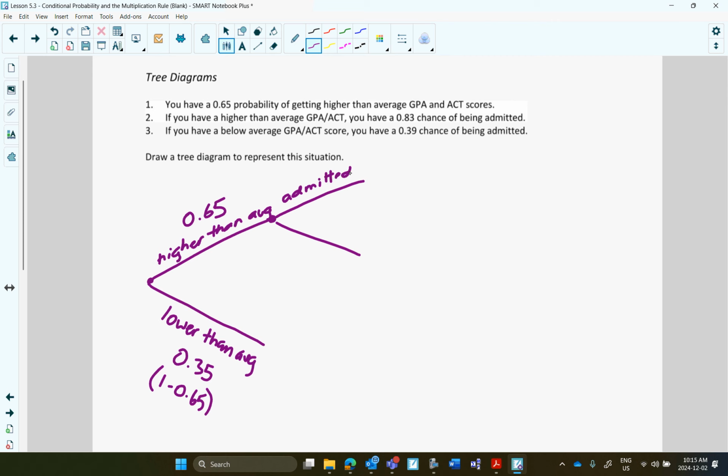So the chance of admitted is 0.83, given that you have a higher than average GPA and ACT. Which means no admission would be what? 0.17.